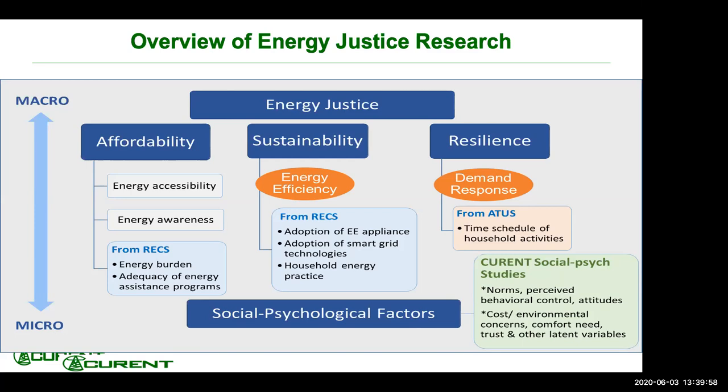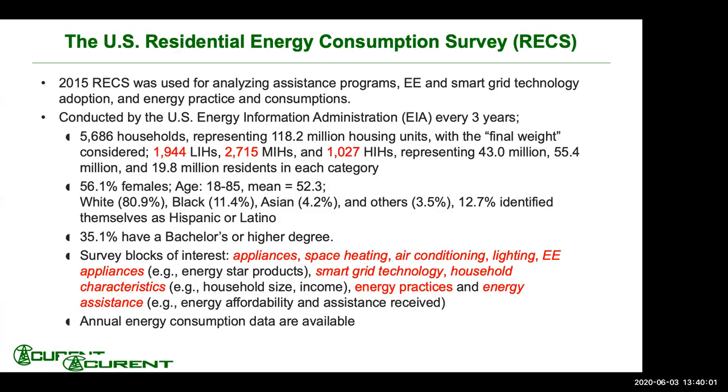All right, one data set is by DOE, the Residential Energy Consumption Survey. A lot of people, engineers, are analyzing this data set. This is a representative sampling of about 5,600 households.